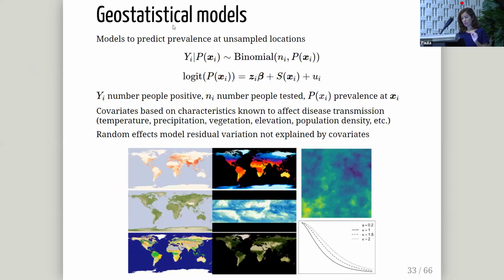Okay, so we have covariates, and then we include a spatial random process to model variability that is not explained by the covariates. Because again, this disease is affected by temperature, precipitation, population density, and so on.